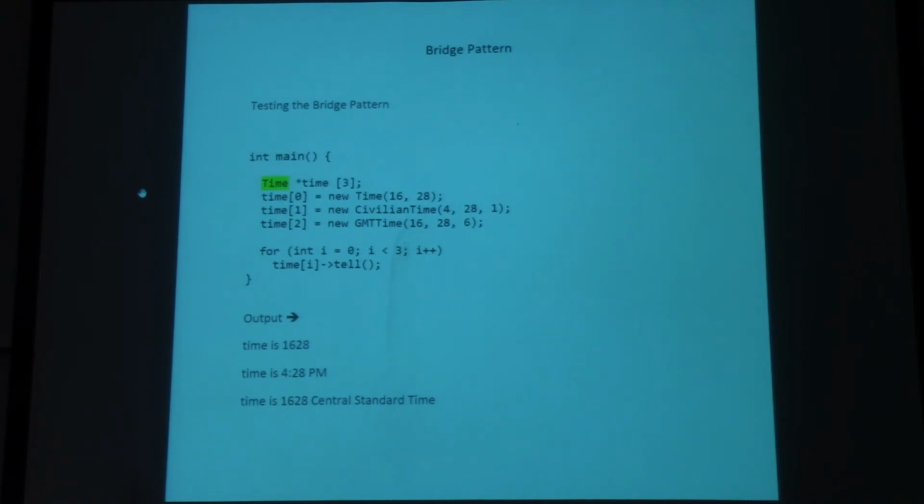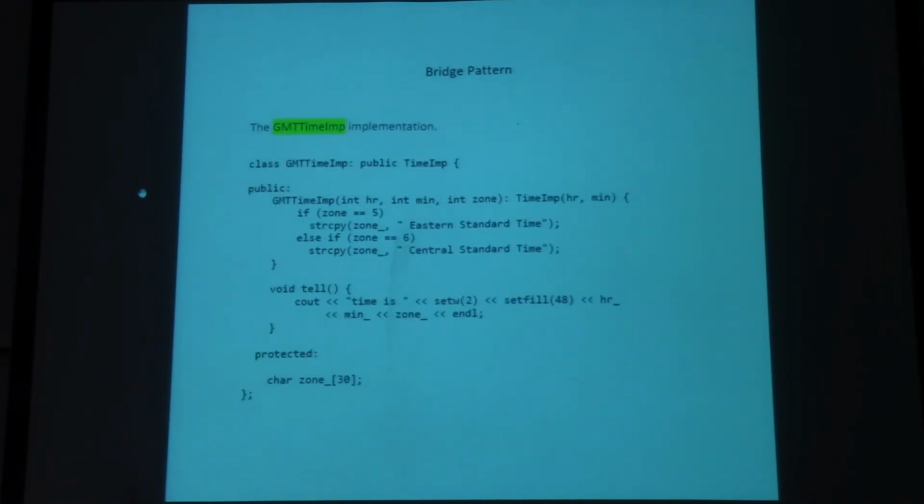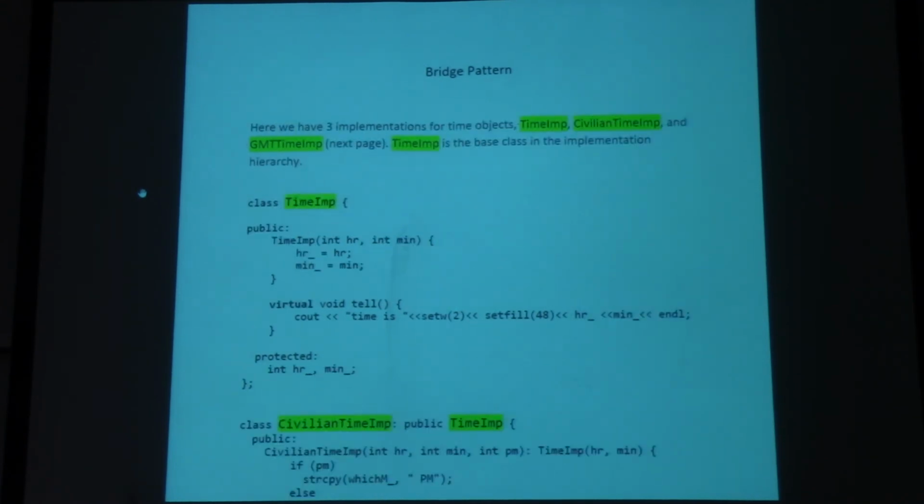Now I could create another category. I have GMT time implementation, I have civilian time implementation. I could ask you to implement, for example, in a project, a military time implementation. Military simply means it's going to be on a 24-hour clock.